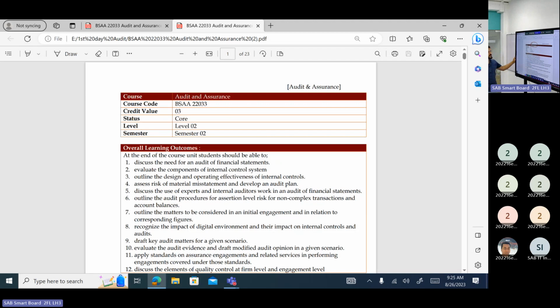So you all can see two subject areas are there: audit and assurance.